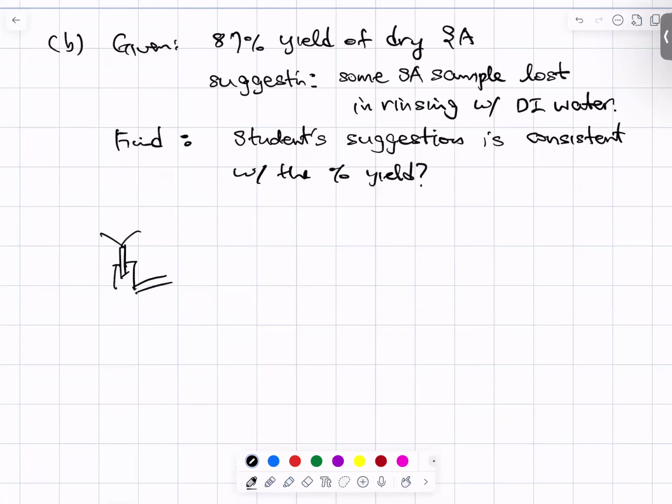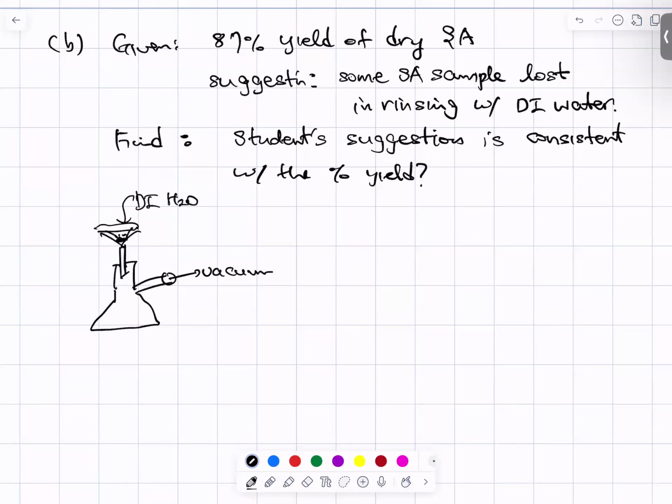So a one-armed flask, and here vacuum, and we have a funnel with solid, we have filter paper right there. So then we put the dry sample here. Always we need to rinse it. So we need to apply DI water, deionized water, and then rinse it.